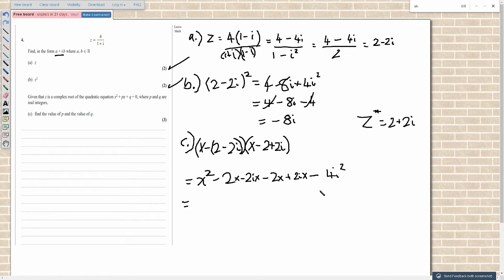And then if you just collect all your terms, there should also be a plus 4 here, sorry, because minus 2 times minus 2 gives me plus 4. Then collect everything across and simplify. That's x squared minus 2x minus 2x, minus 4x. Minus 2ix plus 2ix just cancels.